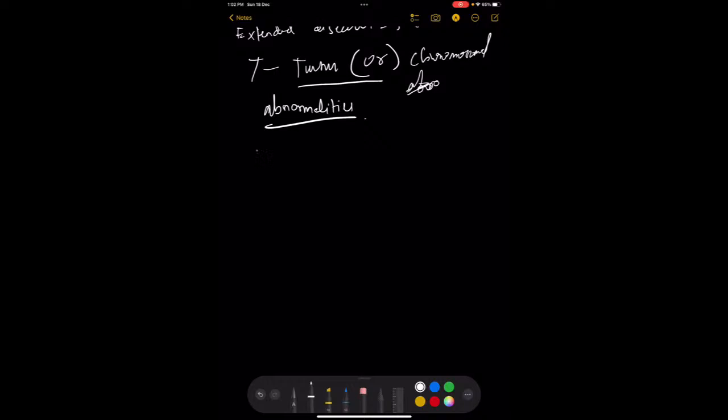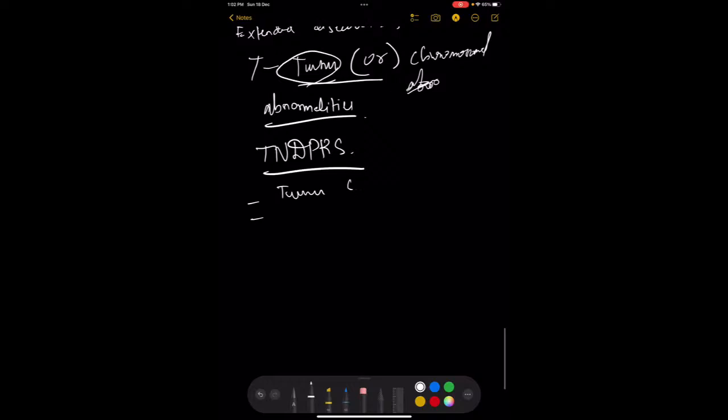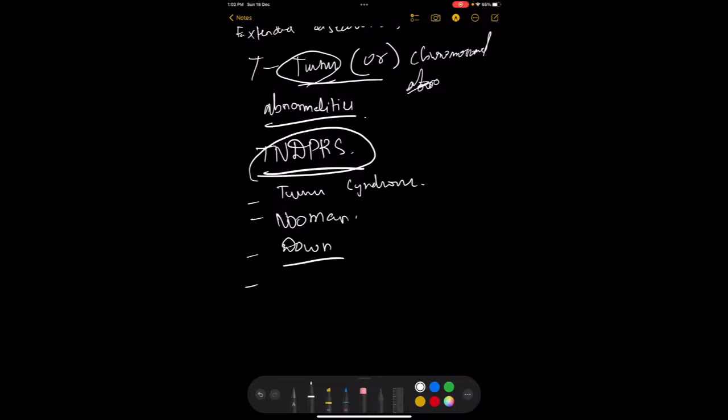What are the chromosomal disorders which can cause this proportionate short stature? The mnemonic is TNDPRS. How to remember this? First one is Turner syndrome, we all know Turner's. So these all are syndromes, chromosomal abnormalities. Next one is Noonan syndrome. Next is Down syndrome, we all know Down syndrome.